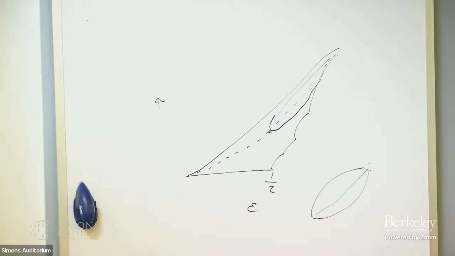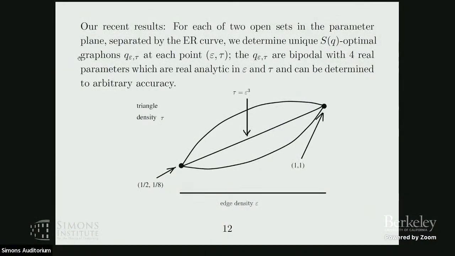So what we prove is that for any point in either of these two open sets, there's a unique Shannon entropy optimum graphon, and that graphon is bipodal. I'll tell you what that means in a minute, but basically it is uniquely defined by 4 real numbers, which are in fact analytic functions of epsilon and tau in these regions.